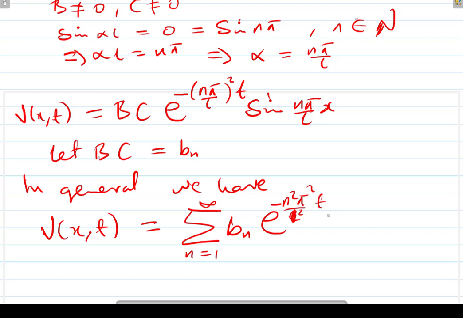And then we have sine n pi over L x, like this. So this becomes the solution.